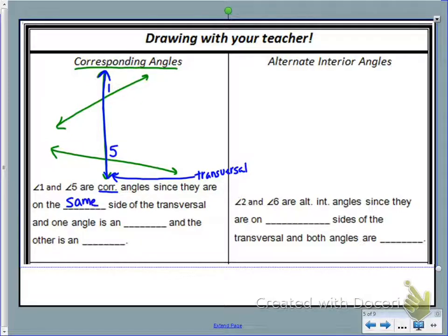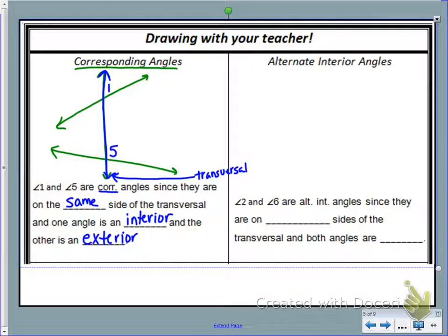So if you notice our transversal in blue, you could either be on the left of that or on the right. Corresponding angles will be on the same side. So in this case, both of these angles are on the right side of the transversal. One of the angles is on the inside, so it's an interior angle, and the other is an exterior angle. Let's talk about that more in a moment.